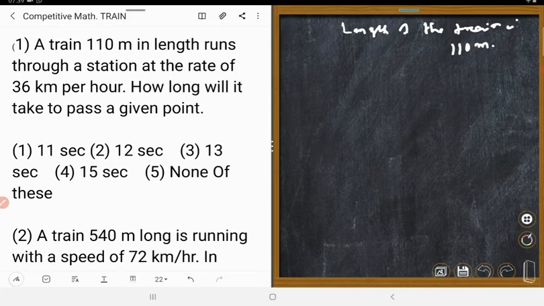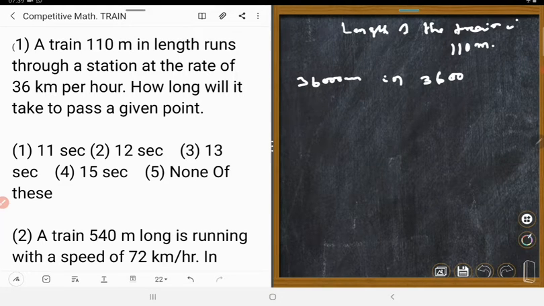Here 36 kilometer means 36,000 meters, which is covered in 1 hour, that means 3,600 seconds.